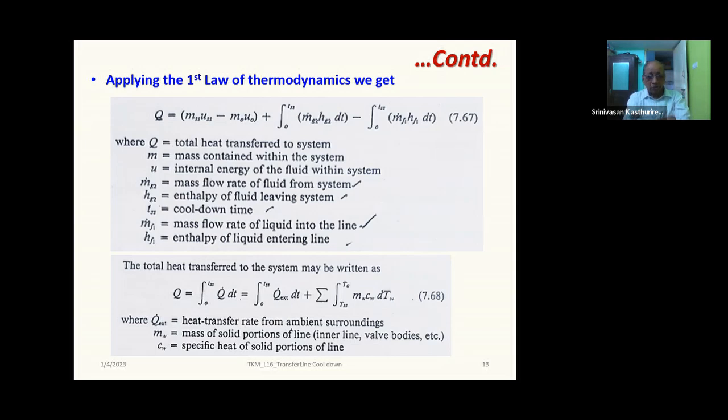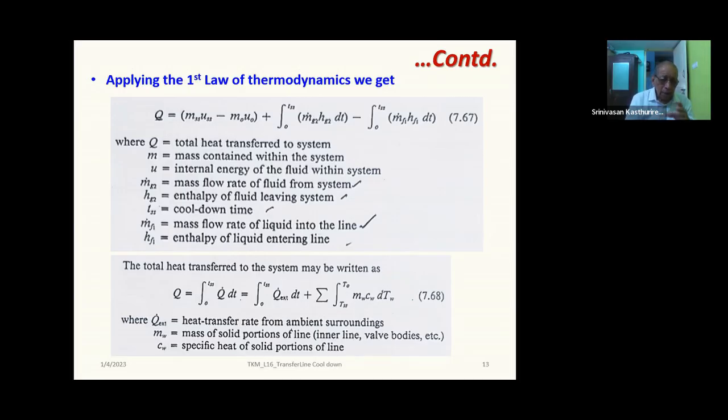So we have just applied the first law, starting from an initial time where the entire mass is only vapor. Afterwards, it reaches the steady state. So the time in between is your T_SS, which is the steady state cool down time. Okay. What about the heat flow? The heat flow Q is equal to the integral from 0 to T_SS of Q dot dt.